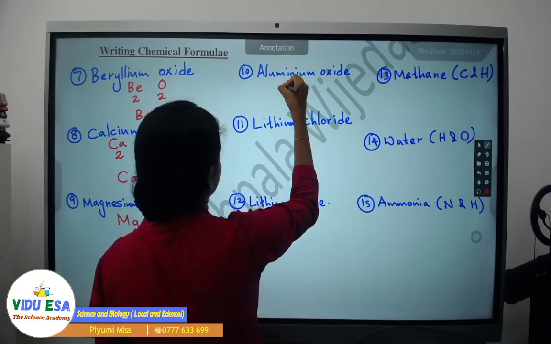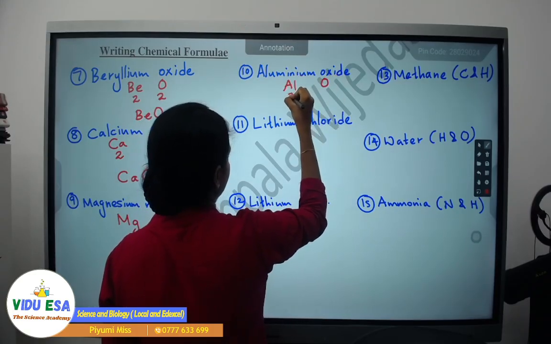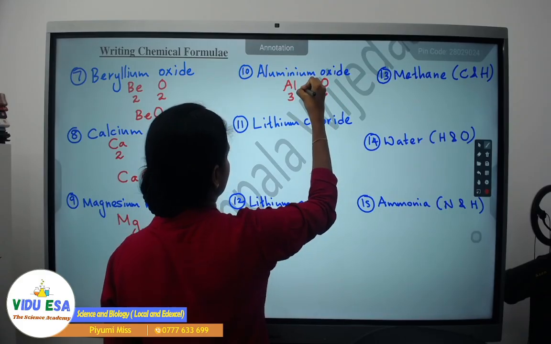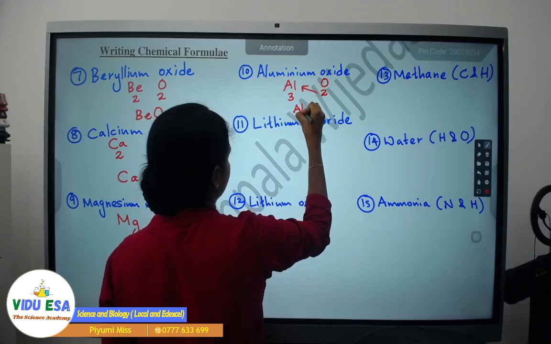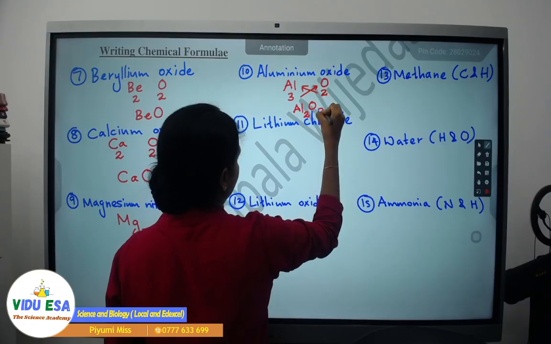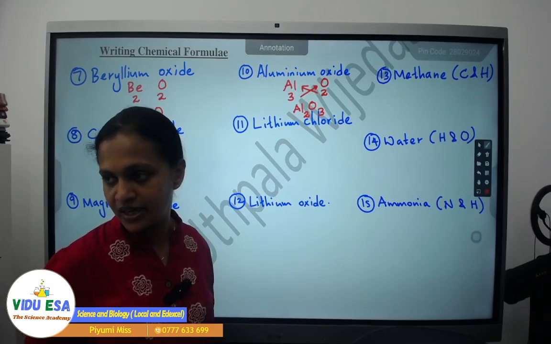Aluminium oxide. Aluminium and oxygen. Aluminium the valency is 3. Oxygen the valency is 2. So this 2 goes to aluminium, Al2O3. Al2O3 is the formula of aluminium oxide. Al2O3.